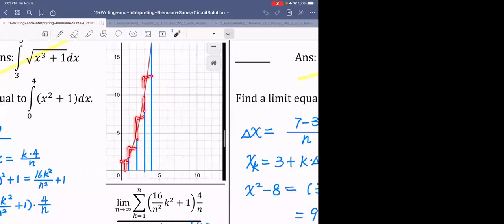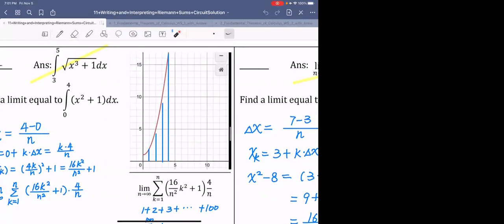But none of them is going to give you the accurate value, because no matter which way you go, you miss some information. You either over predict or under predict, okay? Not the exact solution. So today we will talk about how to use Riemann sum to get the exact value.